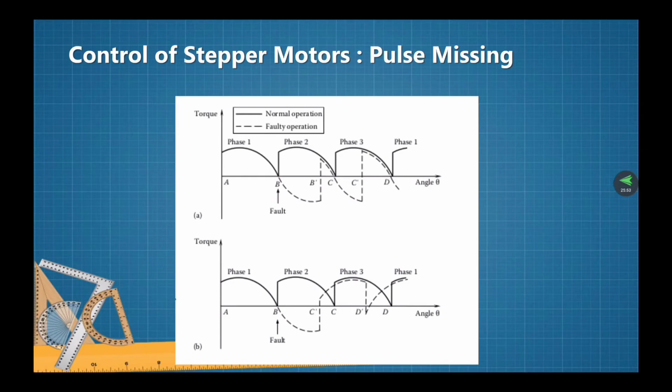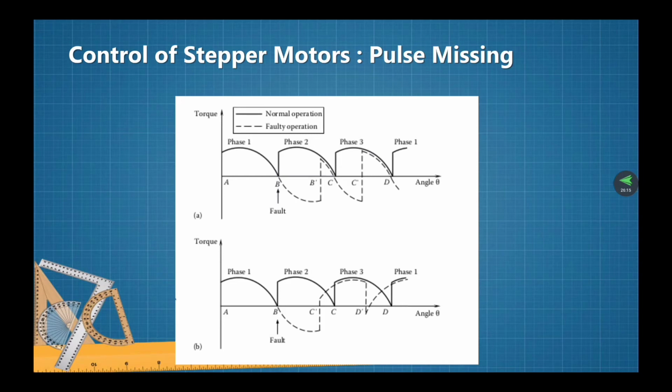As we see in this figure, we have a 3 phase motor with 1 phase on excitation. Only 1 phase is excited at a given time.